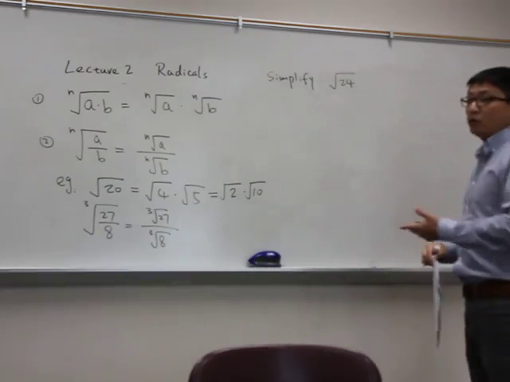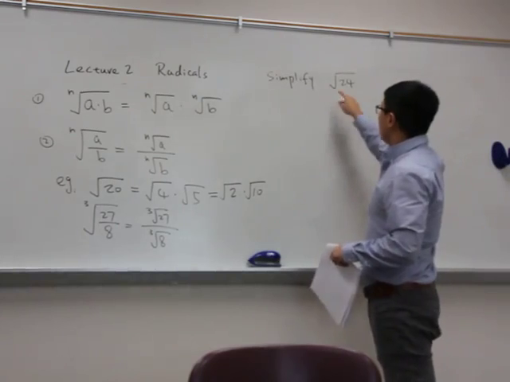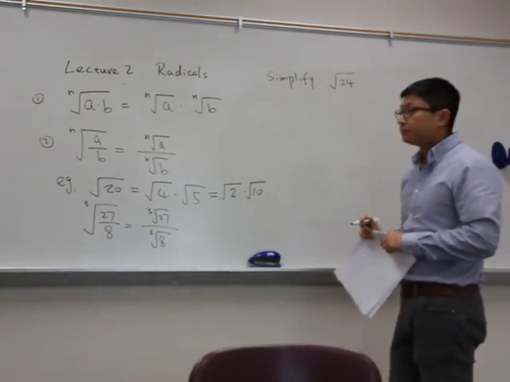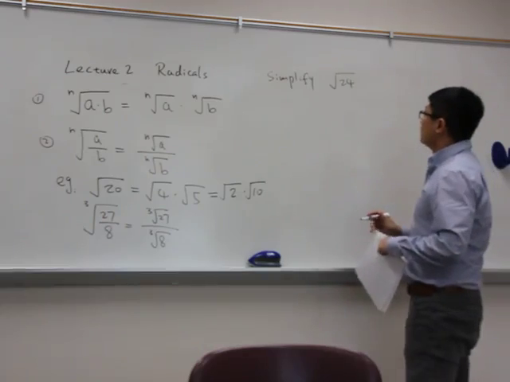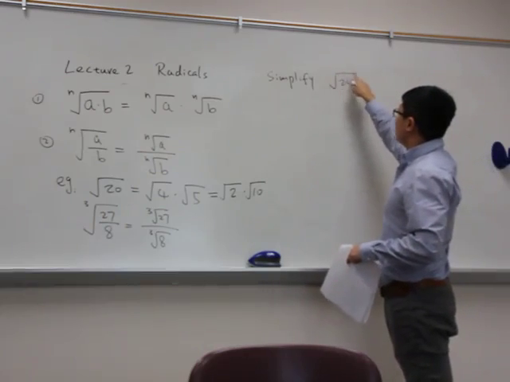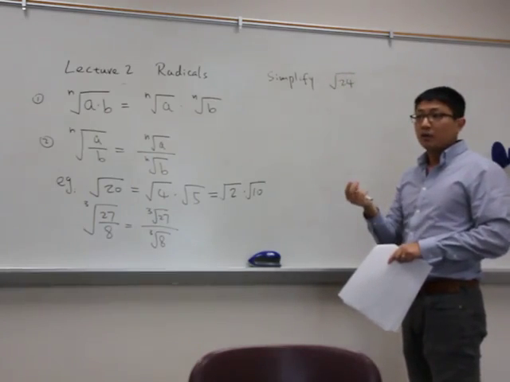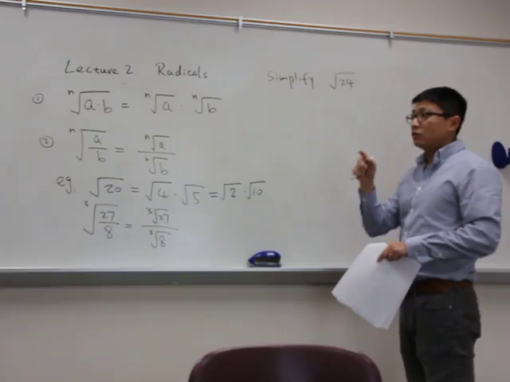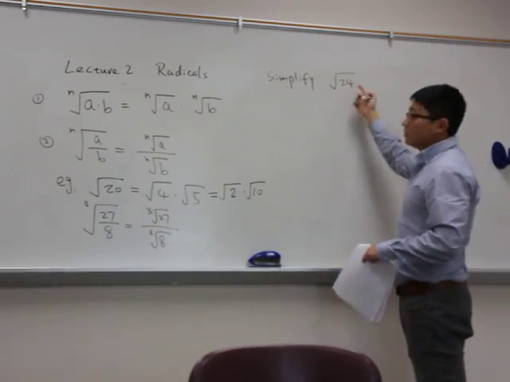Okay, now we're going to use these two properties to simplify the radical, the square root of 24. Now you may ask why we want to do this. The reason is because the square root of 24 is not an integer. It is not like the square root of 16, which the answer is 4. This is not an integer.